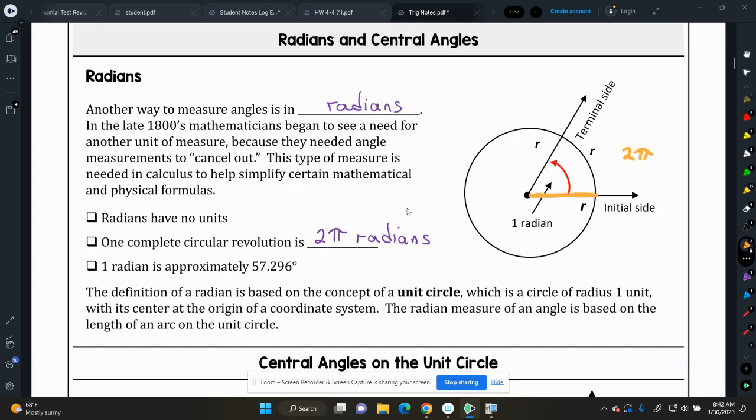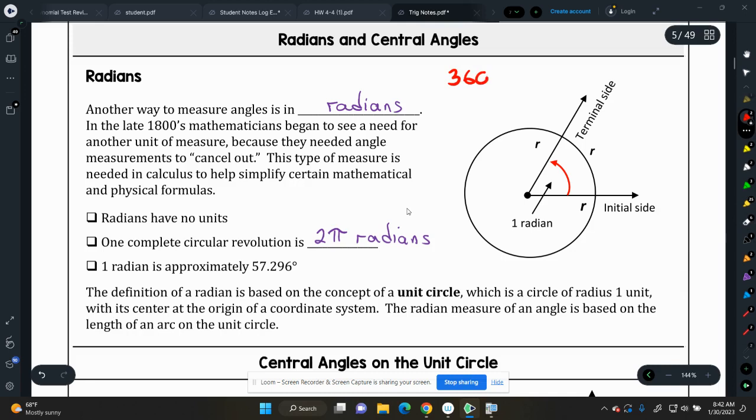That's where the formula for the circumference comes from, okay? So there are 2 pi radians in a circle. How many degrees are there? 360 degrees is equal to 2 pi radians. Okay, so that means pi is equal to 180 degrees.